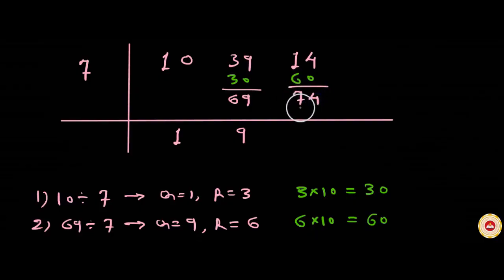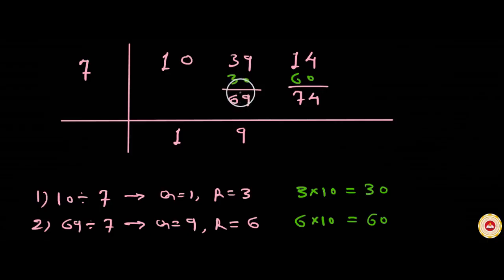Now this 74 is the gross dividend. Please understand, whenever the dividend is in the form of parts, then don't write the prefix directly as we usually write. First of all, multiply the remainder by 10 and add that product to the next part.